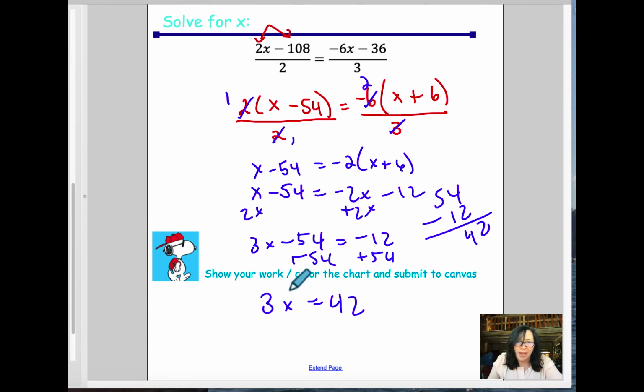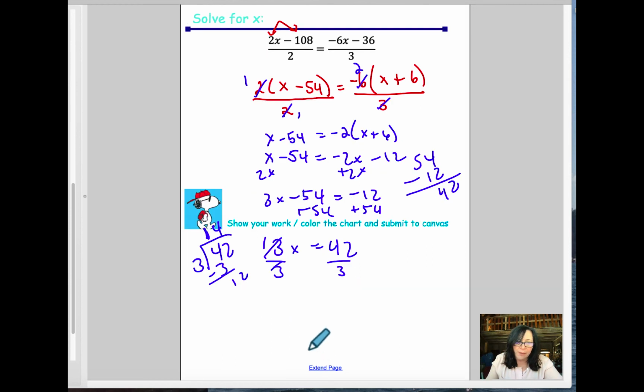I'm going to divide by 3. So dividing by 3, 42 divided by 3 is 3 goes into 4 once, right? You have 1 left over. 3 divides into 12 4 times. So I end up getting x equals 14. And then we're done. Plug your answers in and check.